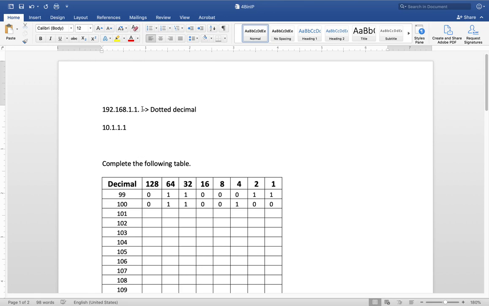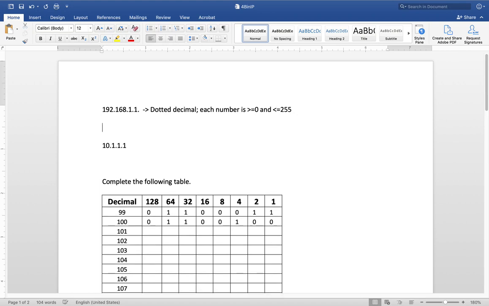All right. So four numbers separated by dots, and the condition is each number is greater than or equal to 0 and less than or equal to 255. So 0.0.0.0 is the smallest IP address, and 255.255.255.255 would be the largest IP address.